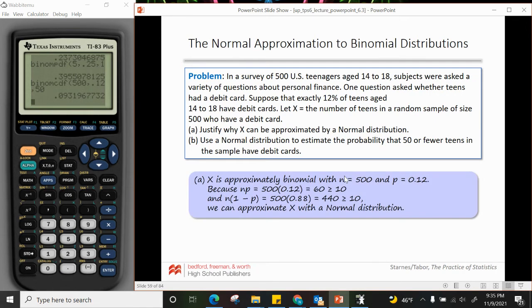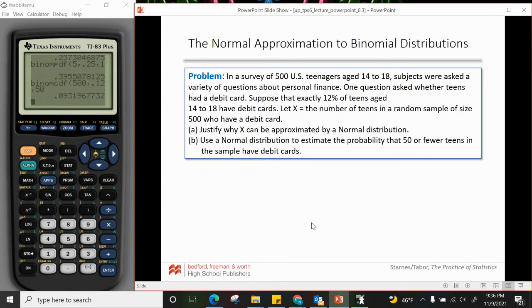Well, it's approximately binomial because we sampled without replacement. However, our sample size was 500, which is less than 10% of the whole population, so we're okay there. Now n times p, 500 times 0.12 is 60. That's bigger than 10. And n times 1 minus p, which is 500 times 0.88, is 440, which also is bigger than 10. We can approximate x with the normal distribution because it satisfies the large counts condition.